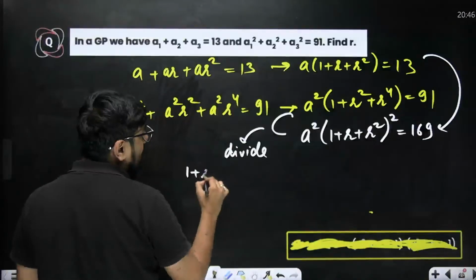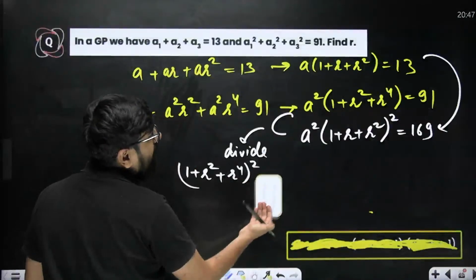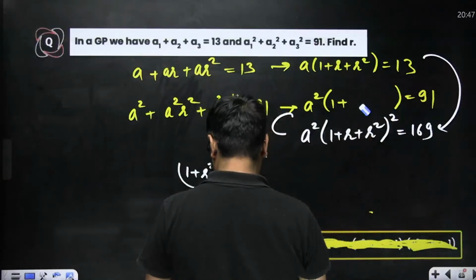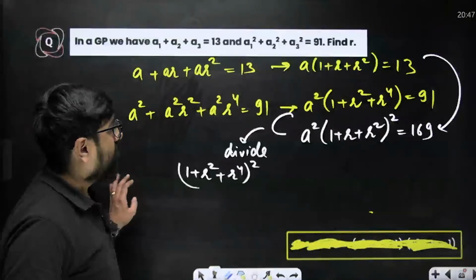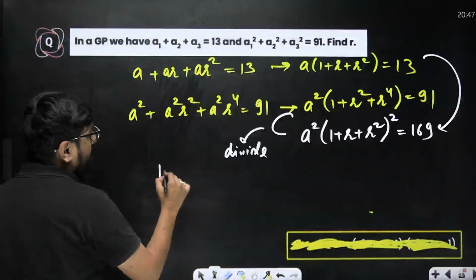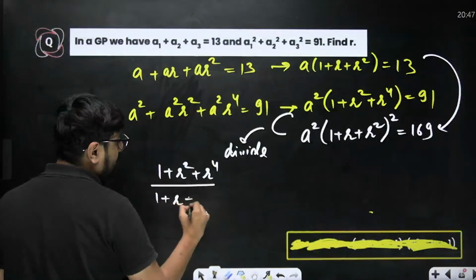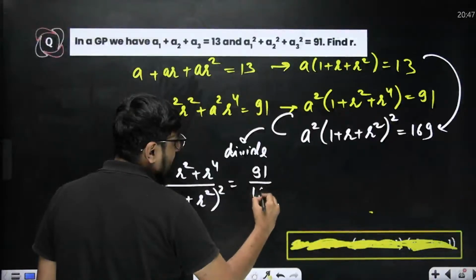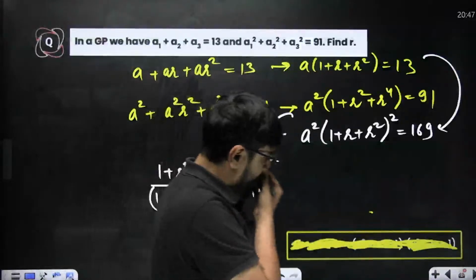Sorry, what am I doing? If I divide these two, I get (1 plus R square plus R to the power 4) divided by (1 plus R plus R square) whole square equal to 91 by 169. Not even cancelling. 7.